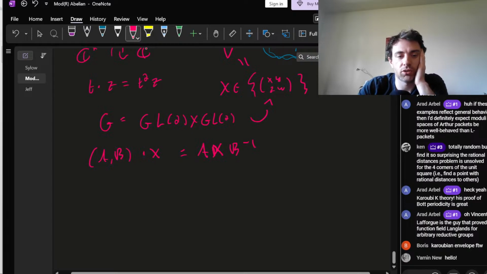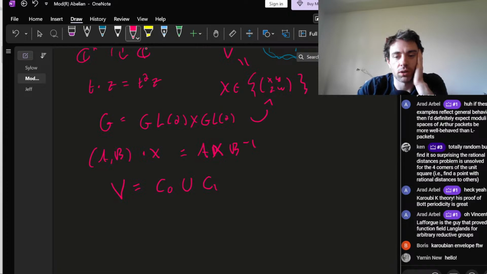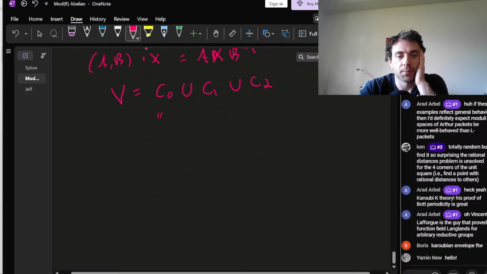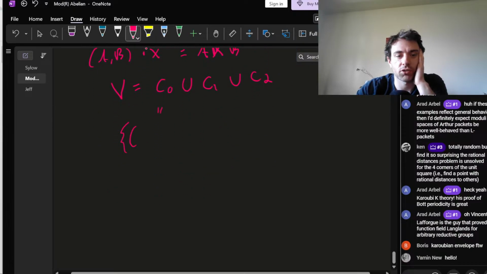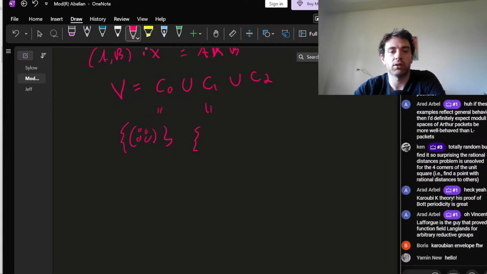And so it turns out you can show that this variety will decompose into 3 orbits. Actually, how do I want to label this? 0, 1, and 2 being the ranks of these matrices. So there are 3 orbits. This is just the 0 matrix. This is all of the matrices of rank 1.